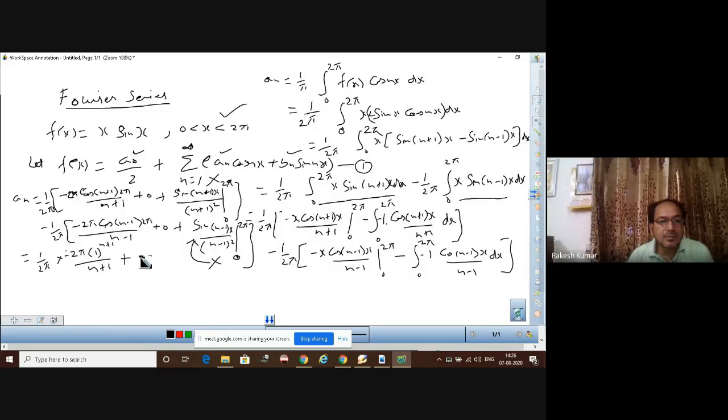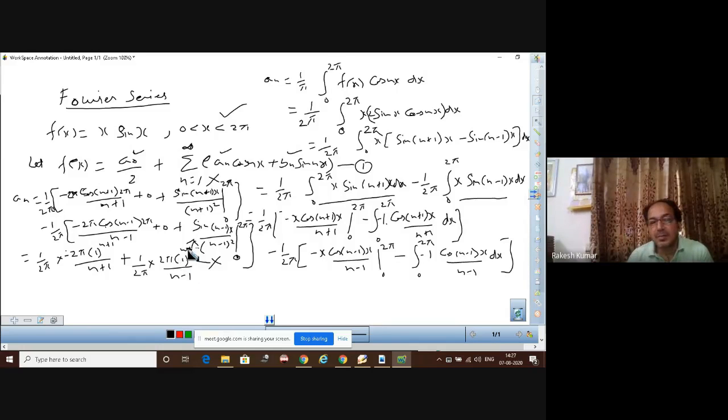So this is plus 1 upon 2 pi into 2 pi, and on the same pattern, by de Moivre's theorem, cos of 2 pi is plus 1, and the coefficient of the angle is n minus 1, and that will be on the power of 1, 1 raised to power n minus 1 over n minus 1.